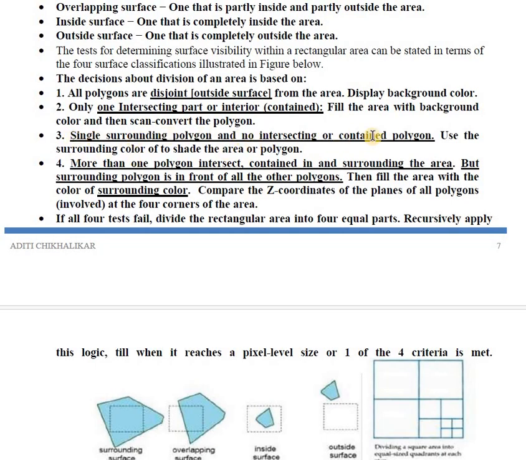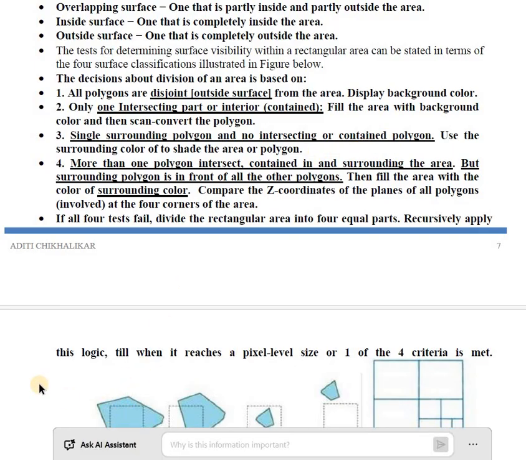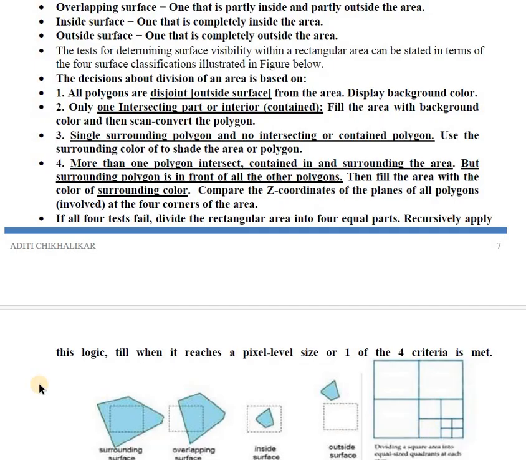A single surrounding polygon and no intersecting or contained polygon. Obviously when it is the case of a surrounding polygon, you just color that area with the color of the polygon. More than one polygon is intersecting, contained in or surrounding the area, but the surrounding polygon is in front of all the polygons, then the area is filled with the color of the surrounding polygon.